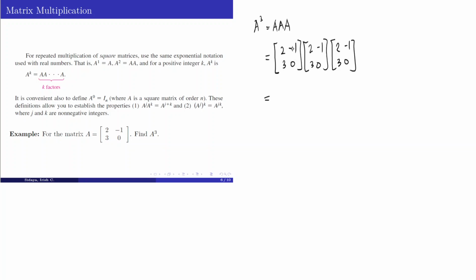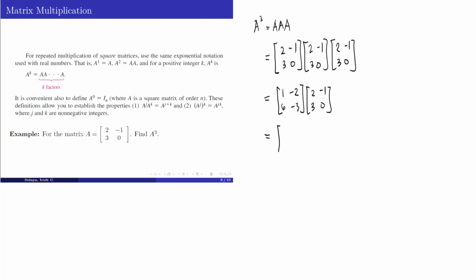So we multiply these first two matrices. So this is first row times the first column. So we have 4 minus 3, so that's 1. We have the first row times the second column, that's negative 2. Then second row times the first column, so that is 6. This second row multiplied to the second column, so we have negative 3. And then we multiply by 2, negative 1, 3, 0.